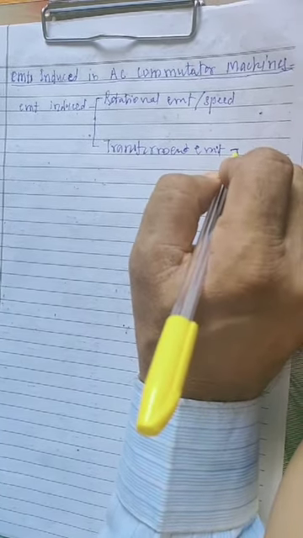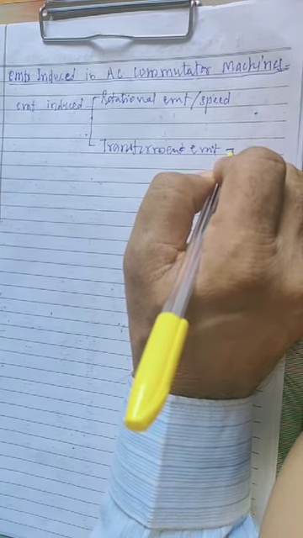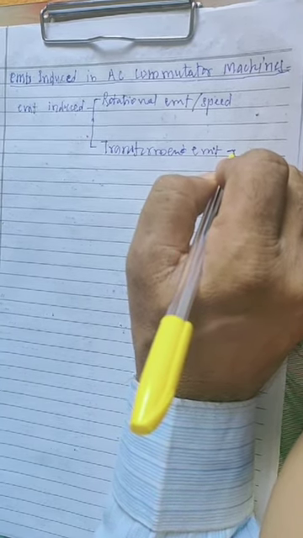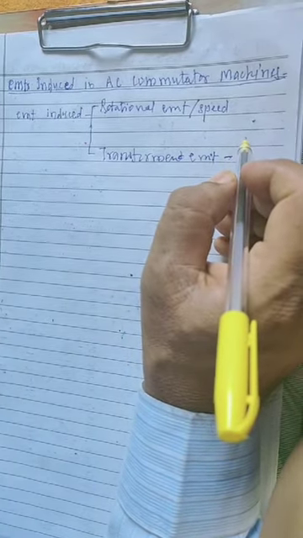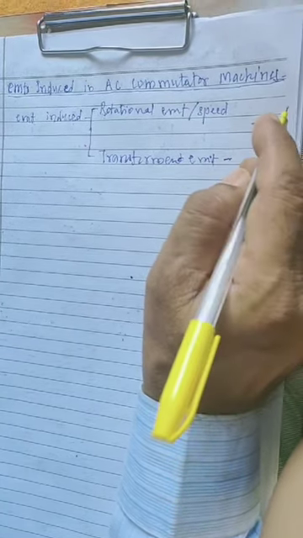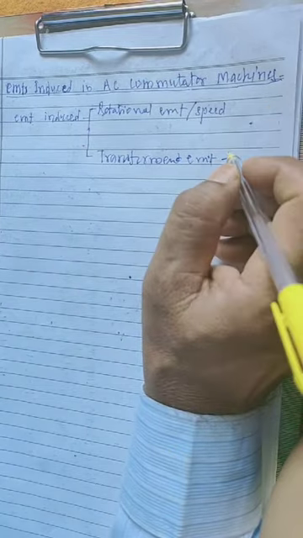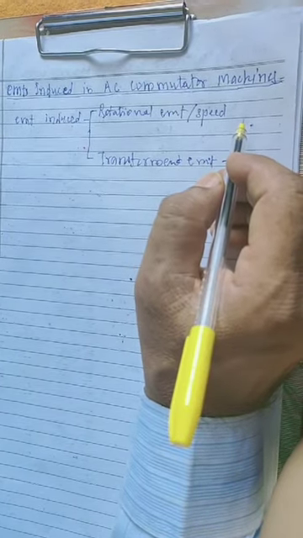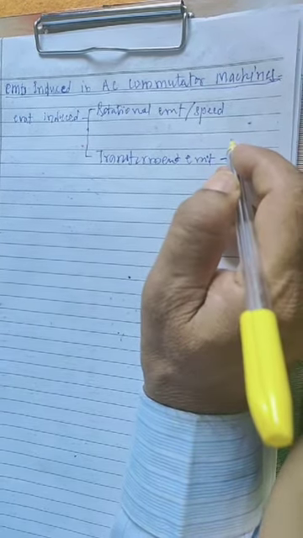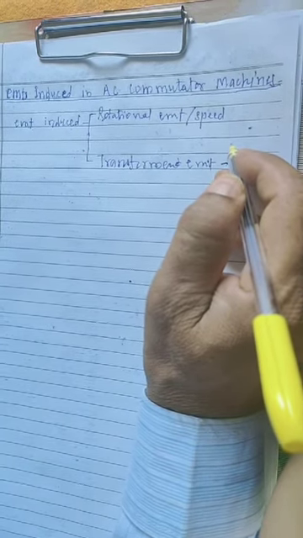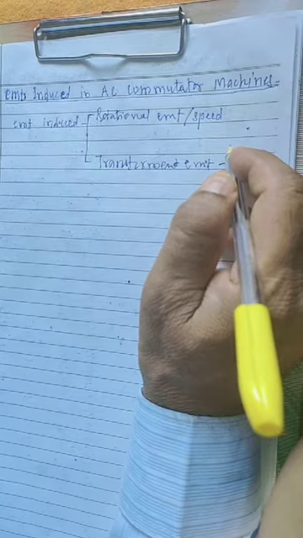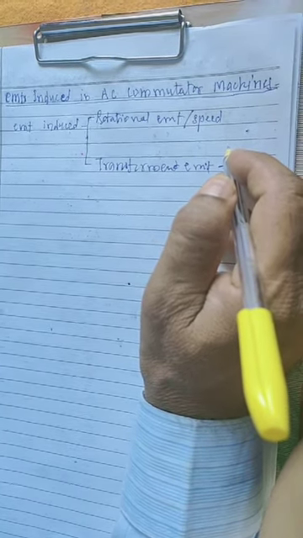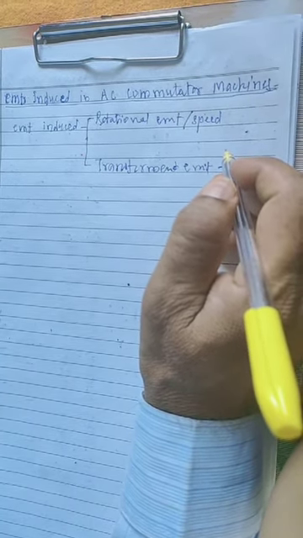Field winding is considered as the primary winding, and armature winding is considered as the secondary winding. Here in an AC commutator machine, the field winding is connected across the AC supply. So the flux produced by the field winding is alternating in nature, that is, a pulsating field.